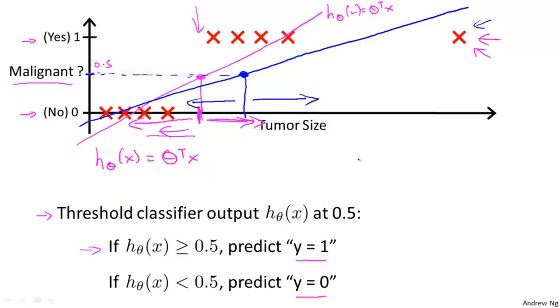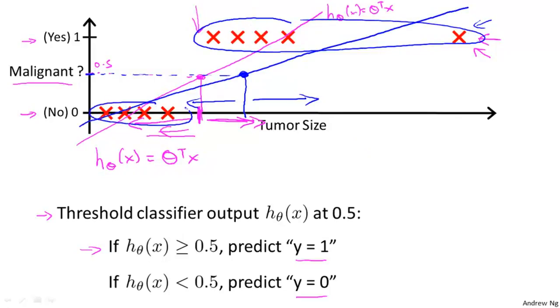And this seems a pretty bad thing for linear regression to have done, right? Because these are our positive examples, these are our negative examples. It's pretty clear we really should be separating the two classes somewhere around there. But somehow, by adding one example way out here to the right, this example really isn't giving us any new information. It should be no surprise to the learning algorithm that the example way out here turns out to be malignant.